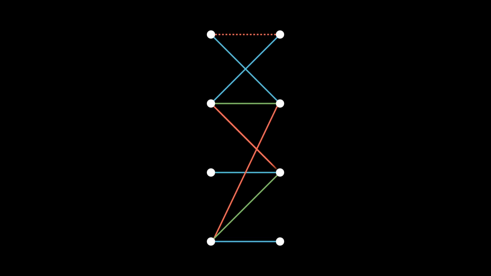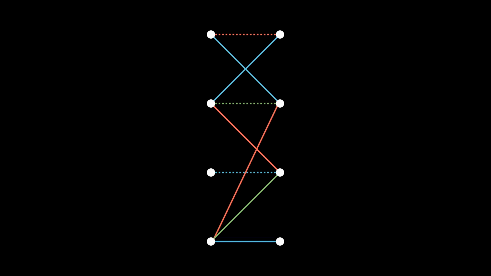Now we go to the next vertex and do the same. But when we get to the third vertex, its preferred vertex is already taken by the second vertex. When this happens, we let the vertex in B choose what it wants. Here it would rather have the vertex along the blue edge. So we scrap the red edge and let the second vertex choose its next favorite, along the green edge.